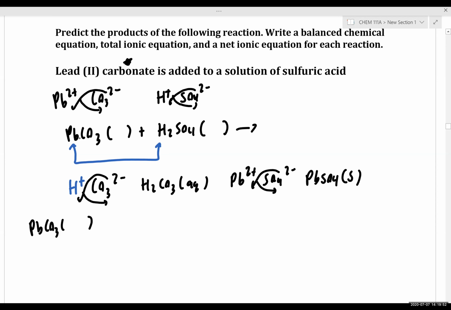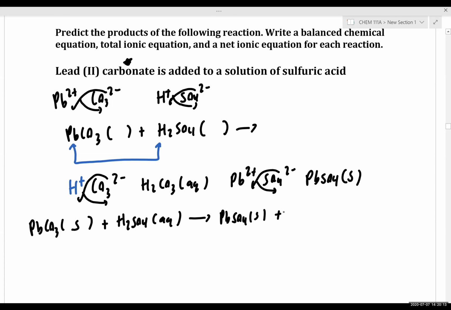Lead salts and carbonate salts, are they typically soluble or insoluble? Insoluble, so we put a solid symbol. Sulfuric acid, as it's an acid, is clearly water soluble. Carbonic acid, we'll talk about that in a second. We'll write out lead sulfate for now.